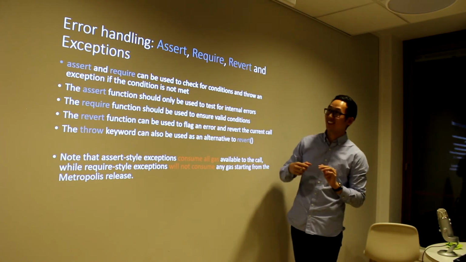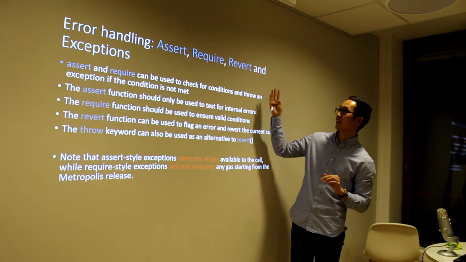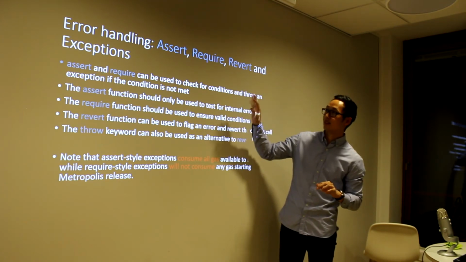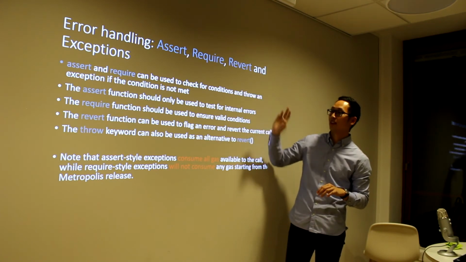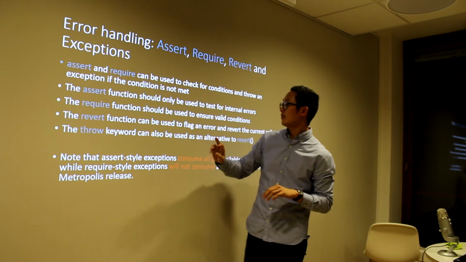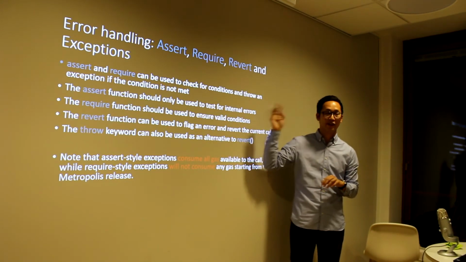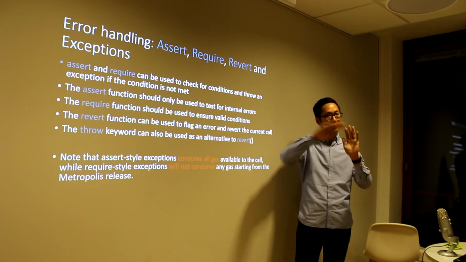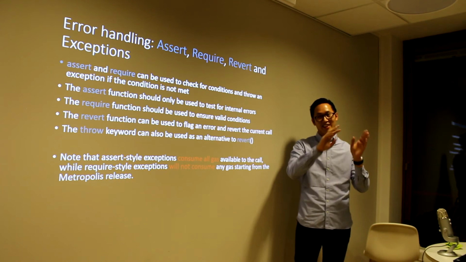Okay, I'll continue. We have 4 different error handling things: assert, require, revert, and then we have throw. Assert tries to test for internal errors. It's usually at the end, where you check that everything worked.